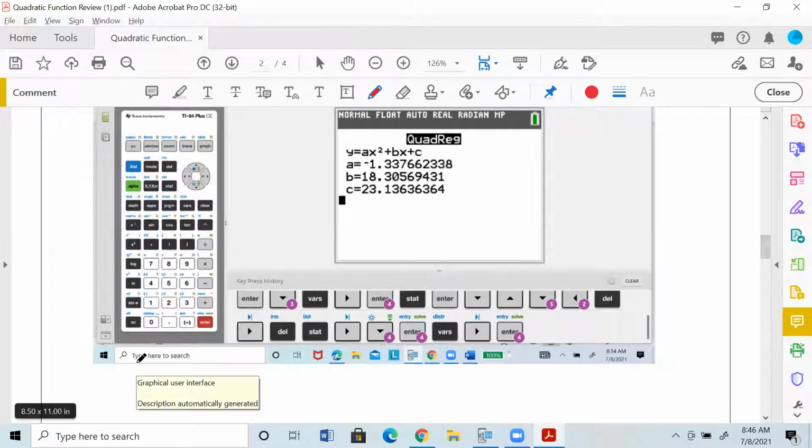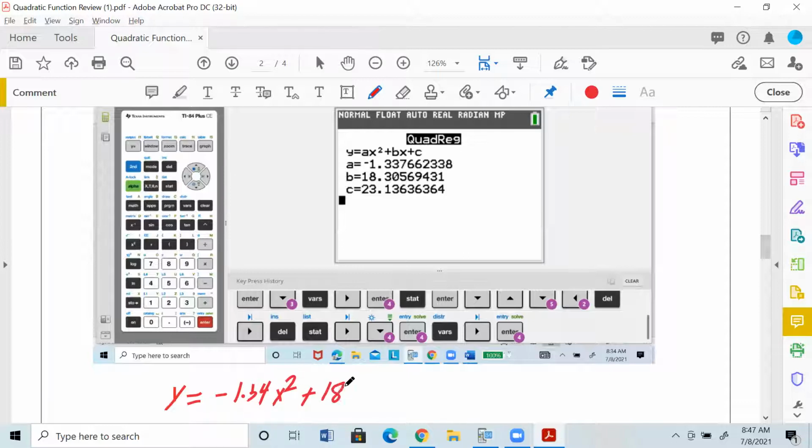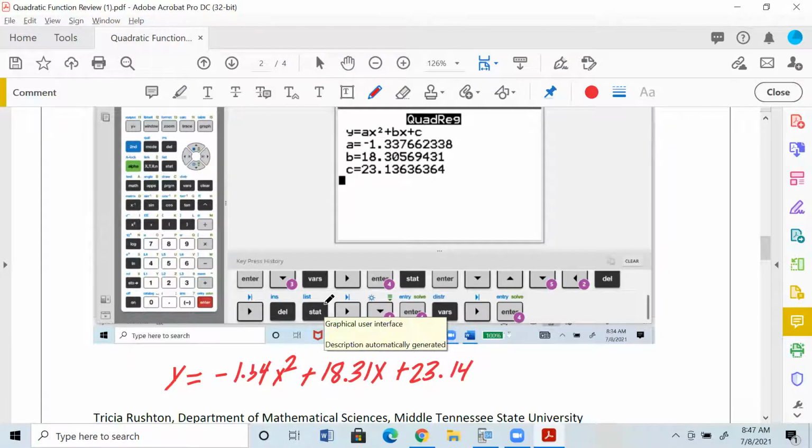So in our notes, we could say y equals, rounding to a couple of decimal places, negative 1.34 x squared plus 18.31 x plus 23.14. So we can write it with an equation like that.